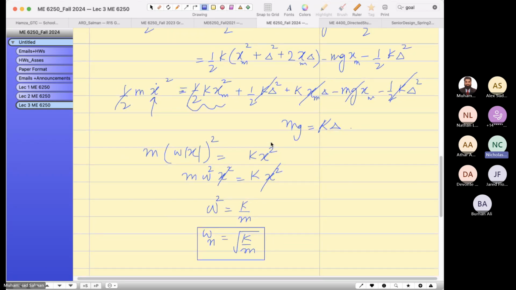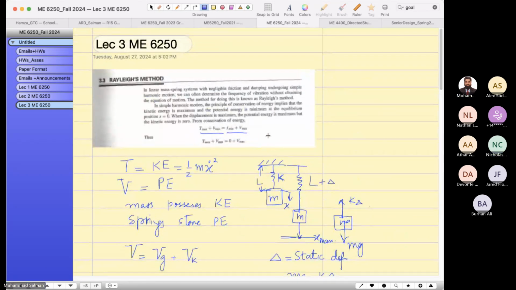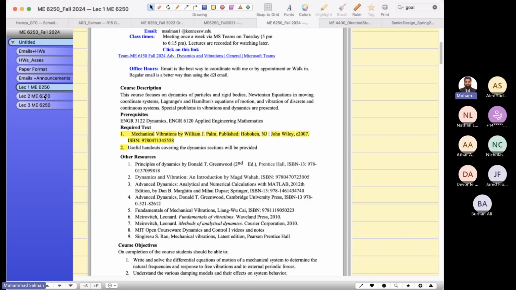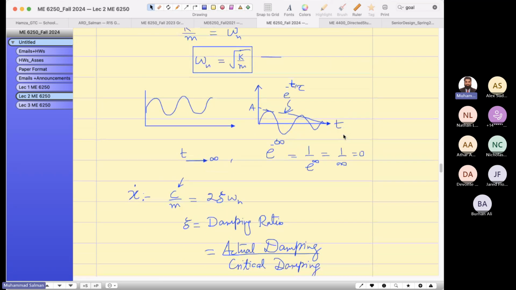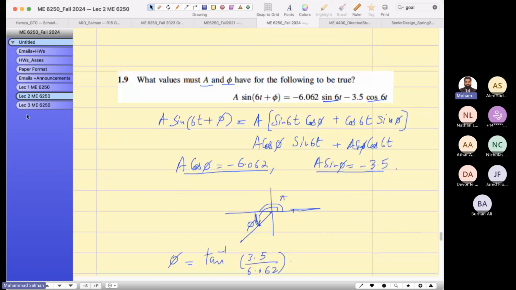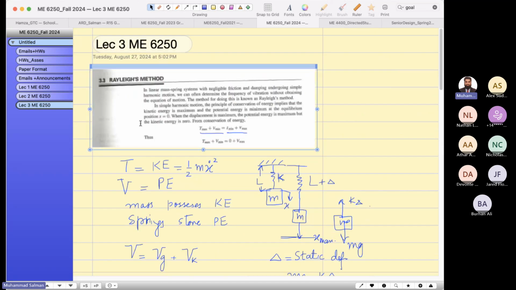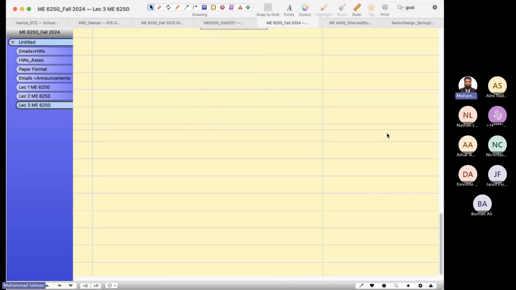Is this different for natural frequency? This is a different method. So I wanted to teach you another method, the Rayleigh method, which I have to cover in this chapter 3.